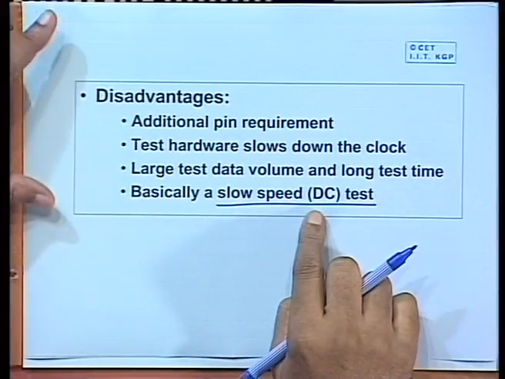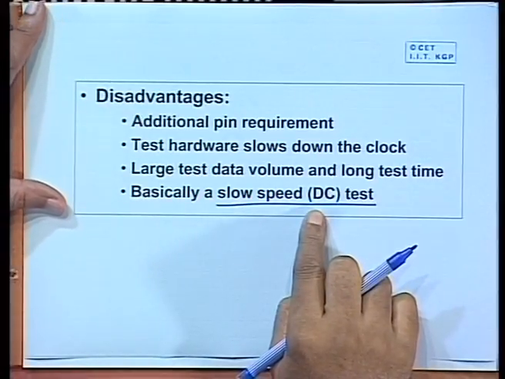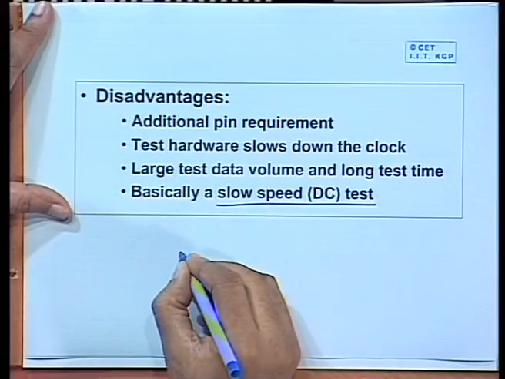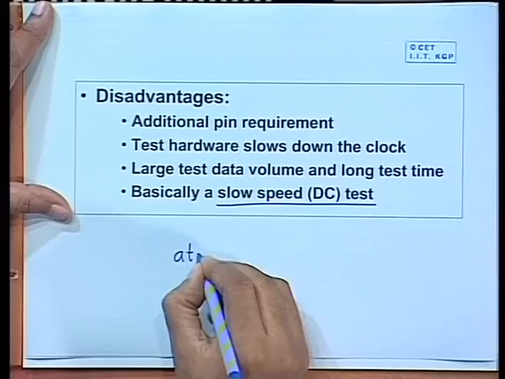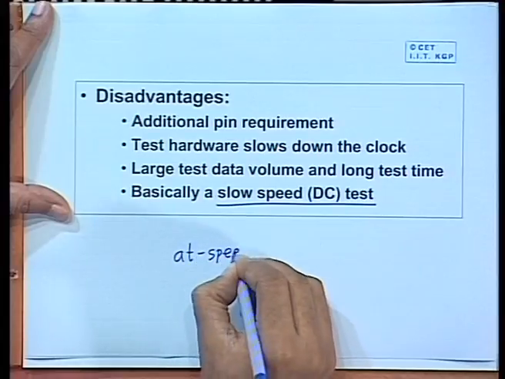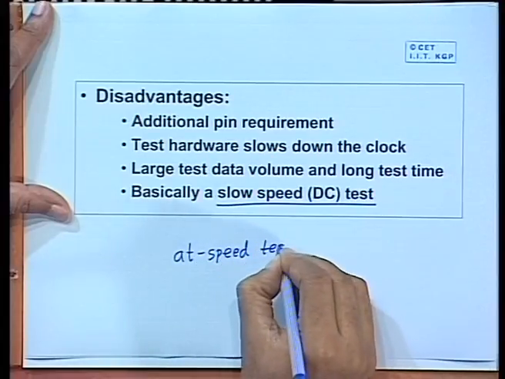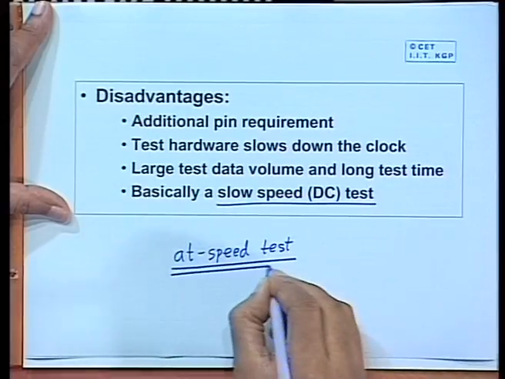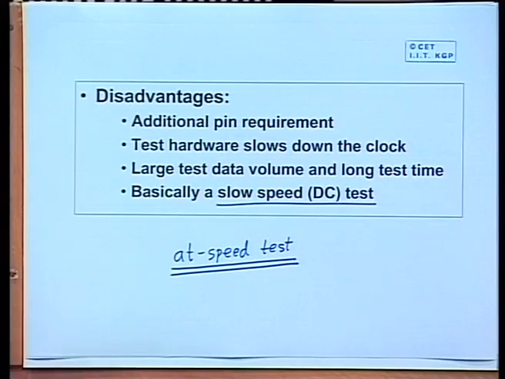This is called slow speed test to distinguish this from another kind of testing which is called at speed testing. Now, at speed test is a mechanism where you are testing the circuit at the clock frequency at which it is intended to work.